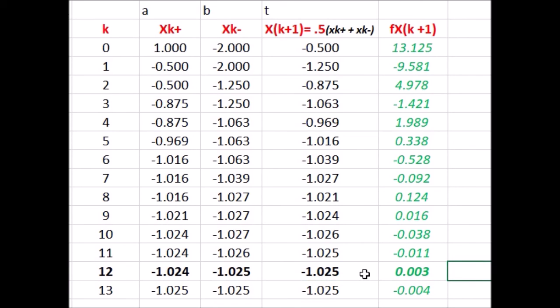And ibig sabihin, nahanap na natin yung root ng equation, which is itong pinaka-last na value ng t na na-derive natin. Okay? So, ibig sabihin, by having kasi dinivide into 2 yung ating initial guess, we arrived into this value wherein ito na ngayon yung pinaka-closest answer natin sa ating root.